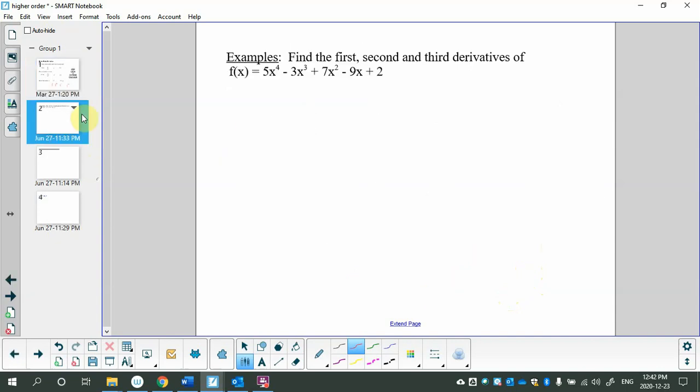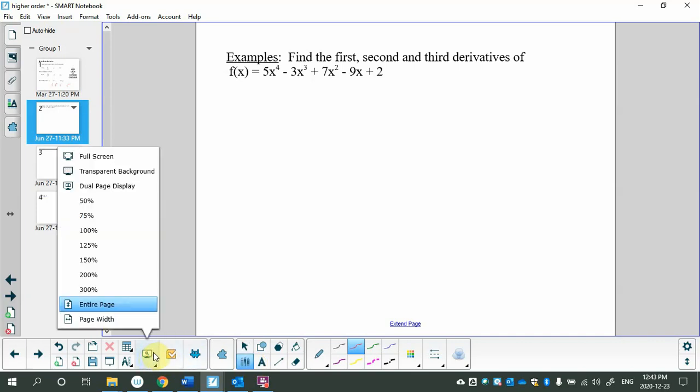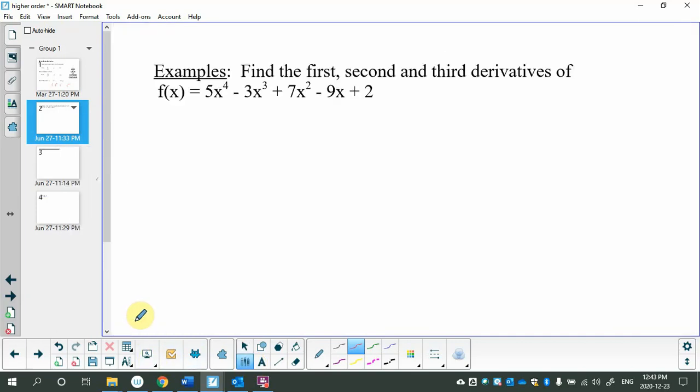The first question is: find the first, second, and third derivatives of that f of x. This is an air-quote easy question because there's no product rule or quotient rule or power of a function rule. It is simply taking the derivative. So we're going to take the first derivative.